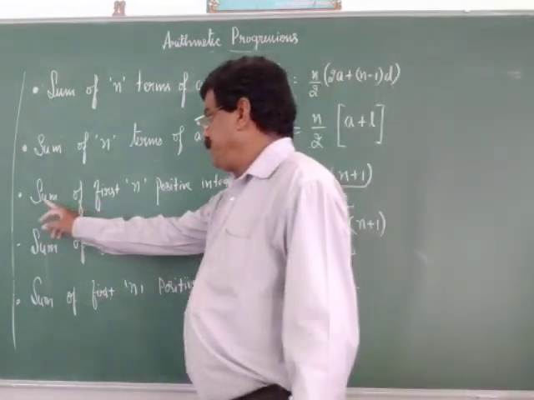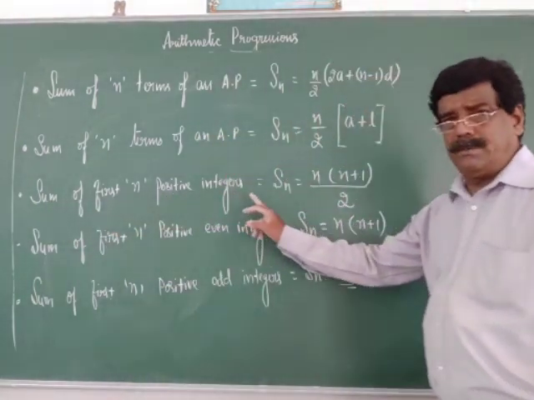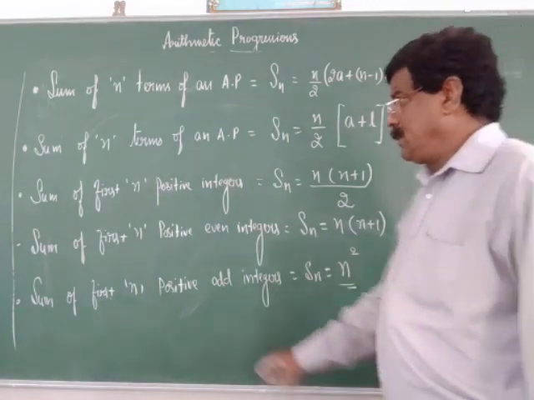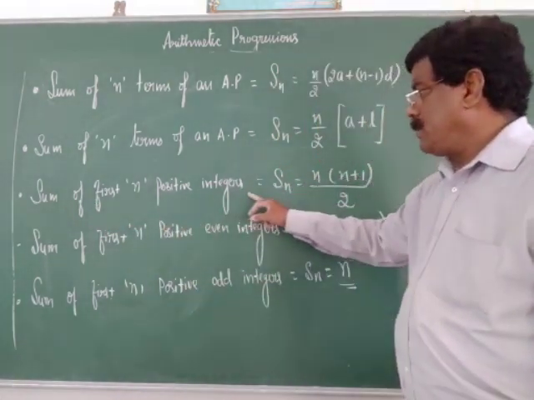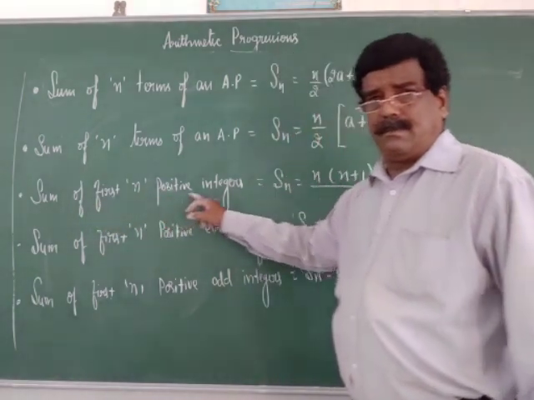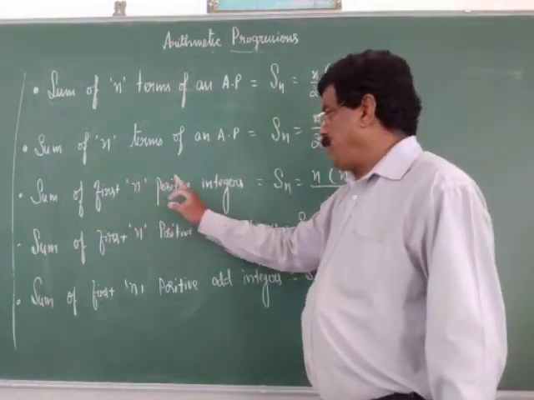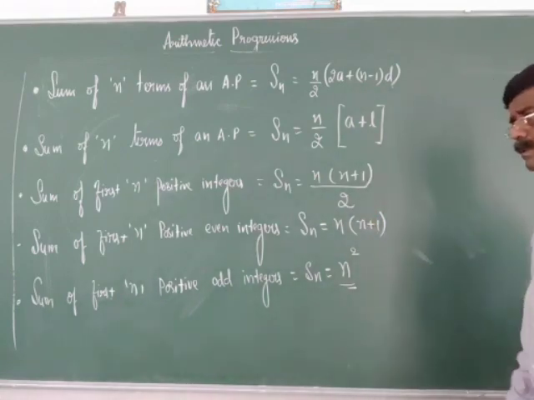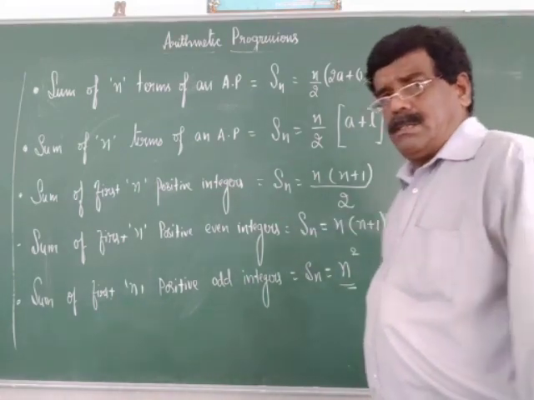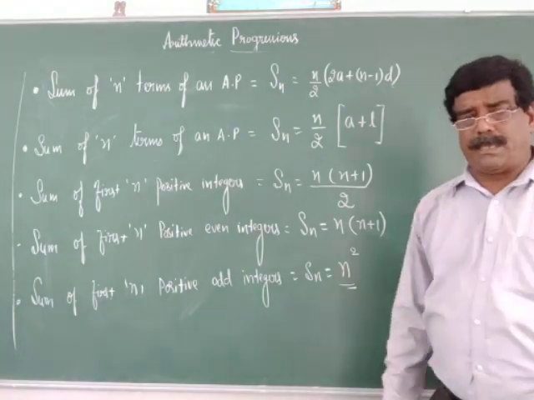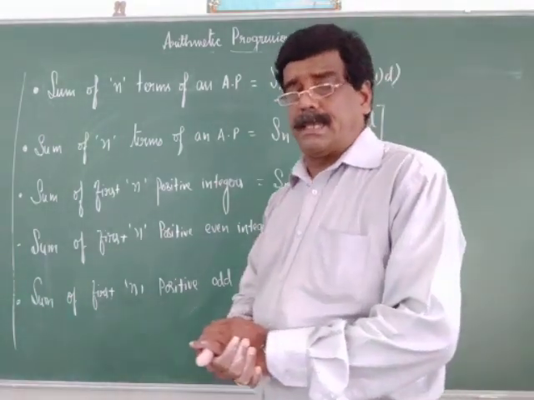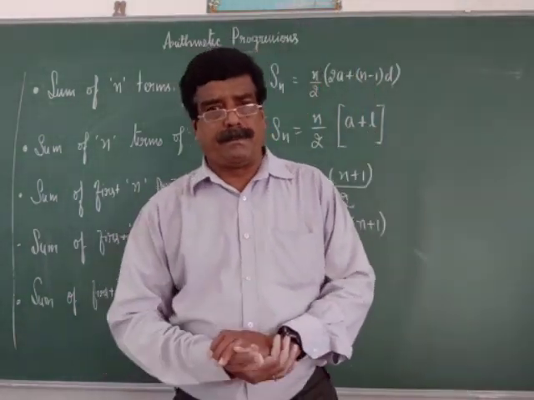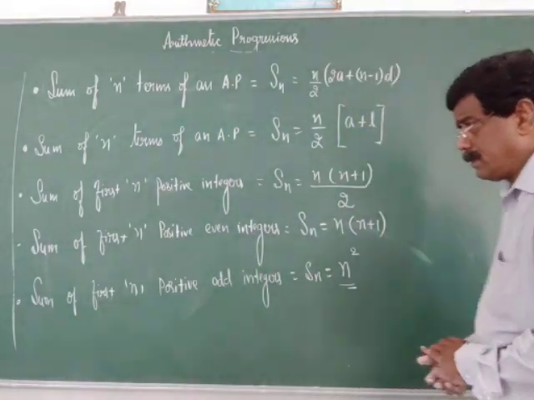And here we have the sum of first n positive integers. See, this first n positive, these are the most important words. First n positive integers, Sn means n into n plus 1 by 2. We did so many sums already: 1 plus 2 plus 3 plus 4 plus 5 plus 6 plus 7 and so on till any number of terms.